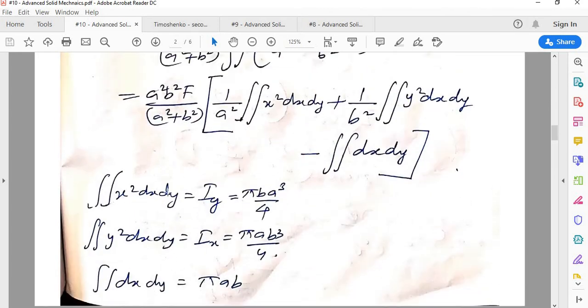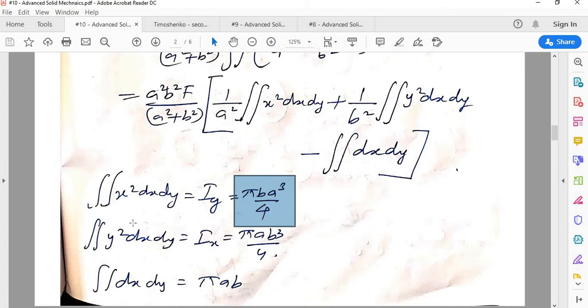Now double integral x square dx dy. In classical mechanics we know that it is nothing but the second moment of area about the y axis, right? x square dx dy, and for an ellipse you know that it is pi b a cube by 4. If it is a circle, obviously it simplifies to pi r raised to 4 by 4.